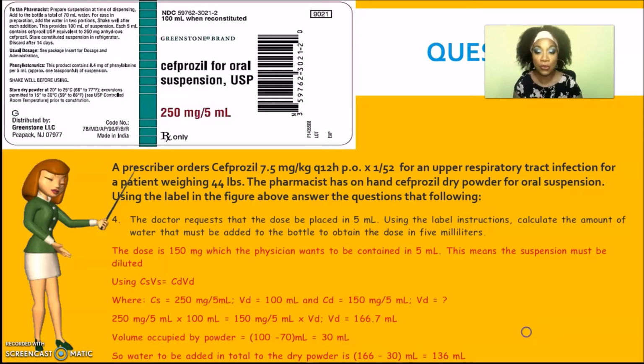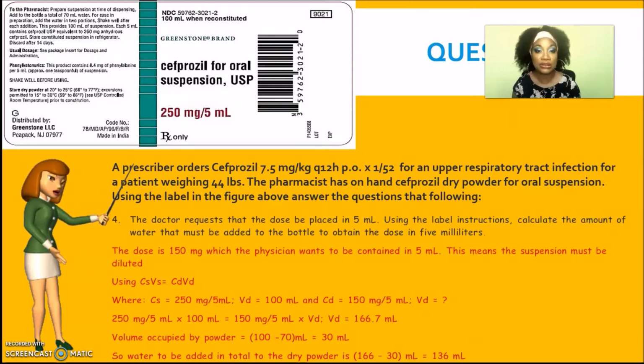Okay, so the 4th question says that the doctor requests that the dose, remember that dose, 150 milligrams, should be contained in 5 mils. And you're to use the label instructions and calculate the amount of water that you need to add to the powder now to get that concentration.